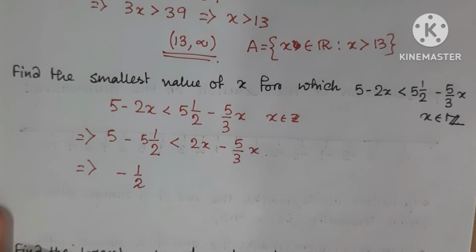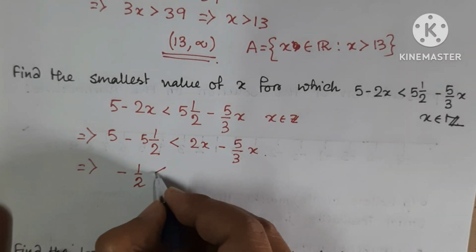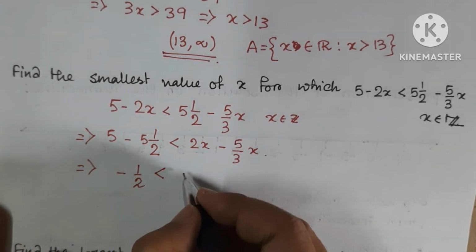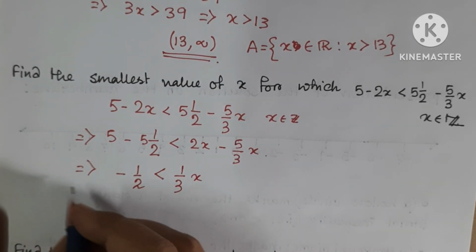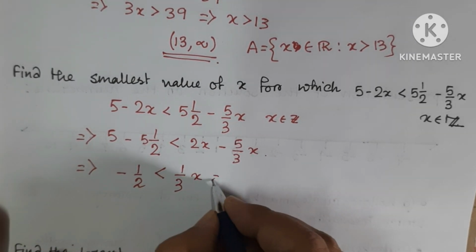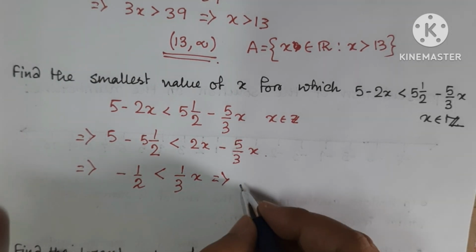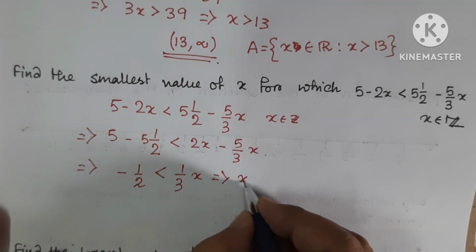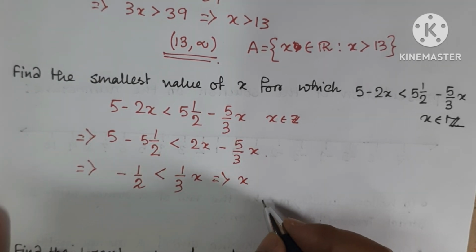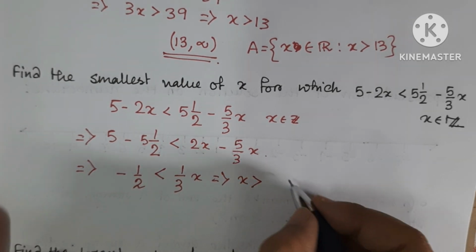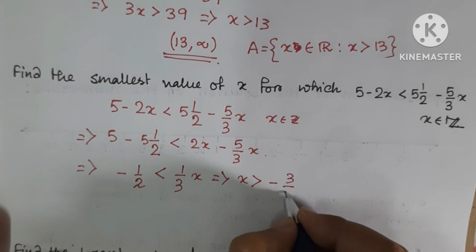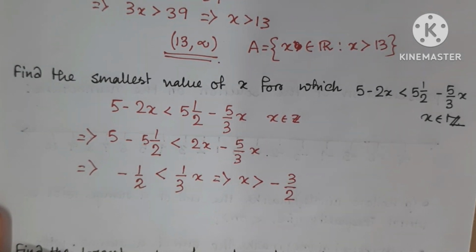Okay, minus 1 by 2 is less than 1/3 of x. Clear? Now from here you can write x greater than minus 3 by 2. Okay, x greater than minus 3 by 2.